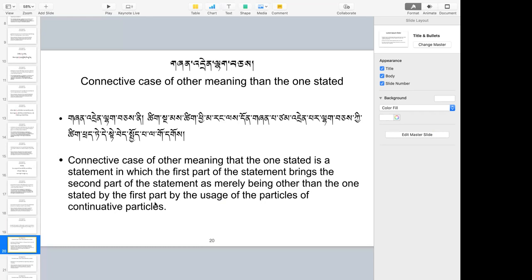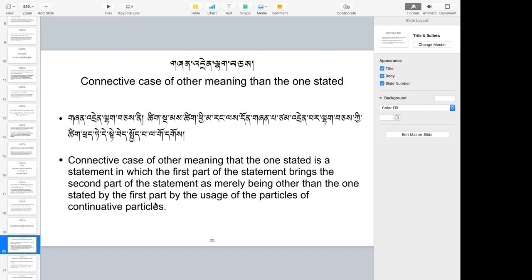Like saying apples and oranges, table and chair. The only thing that is happening here is that there is a statement in which there are two phenomena written together. So the connective case of other meaning than the one stated is a statement in which the first part brings the second part as merely being other than the one stated by the first part, by the usage of continuative particles.